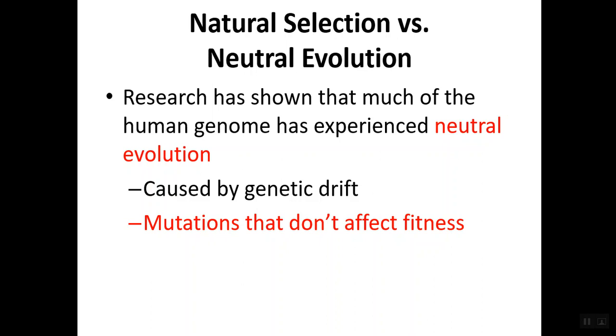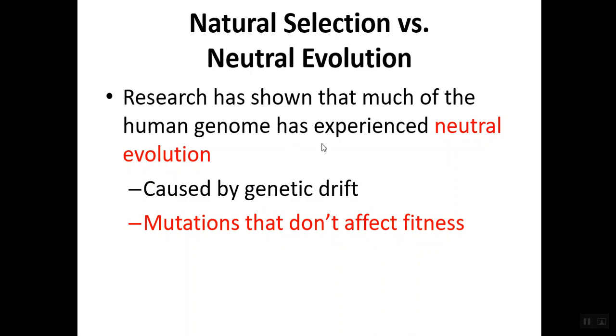As you can imagine, neutral mutations are not going to be selected in a positive or a negative way by the environment, because they don't really change the functionality of that protein or change that organism. They're just neutral. So neutral mutations are just going to drift around randomly. They're not selected for, because they don't affect the fitness of an organism.